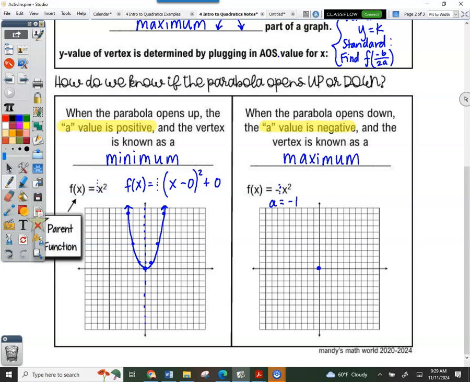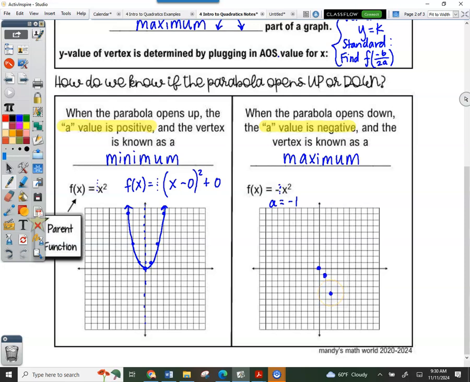Now, if I plug 1 in, I get 1, but then there's a negative 1 in the front. So what's negative 1 times 1? If I plug 2 in, I get 4, but there's a negative 1 in the front. So what's negative 1 times 4? Negative 4. If I plug 3 in, I get 9.